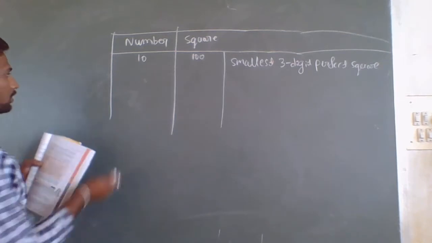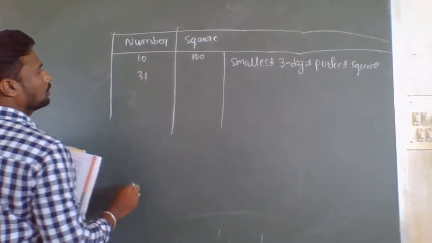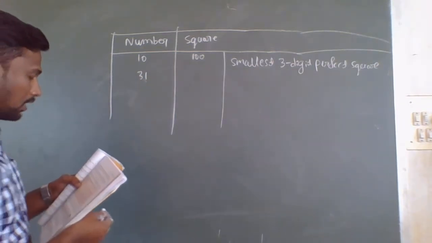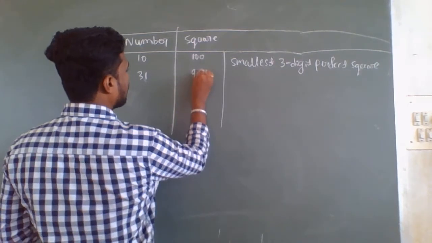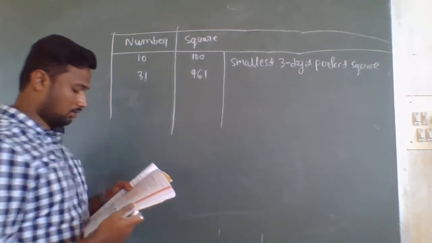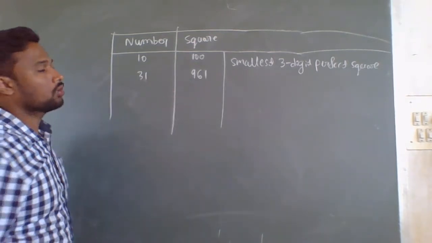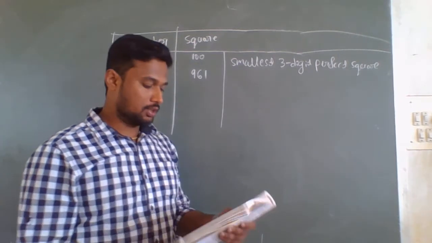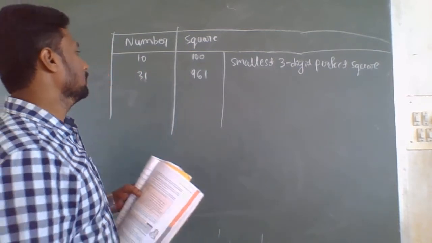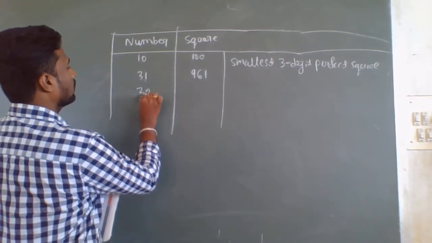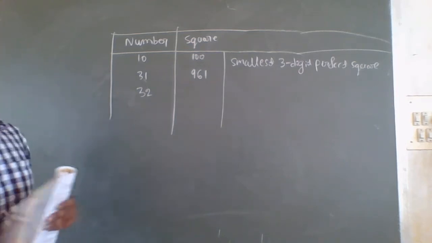Now next one they have given here is 31. Square value of 31 is 961. Square value of 31 means 31 into 31, what you will get, 961. And next they have given 32. After 31 what is there? 32.